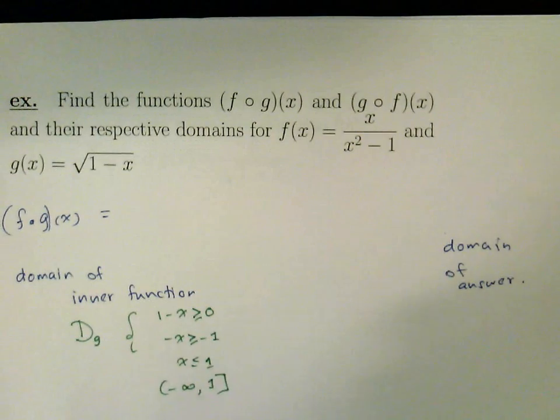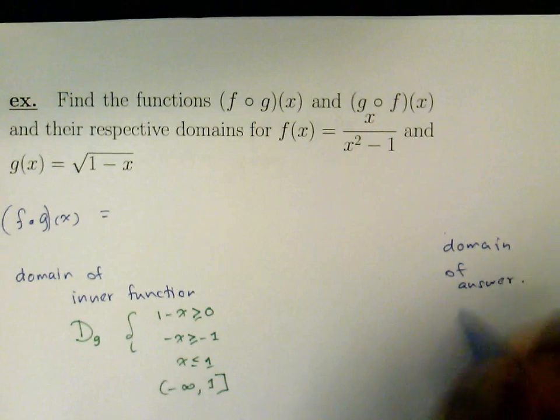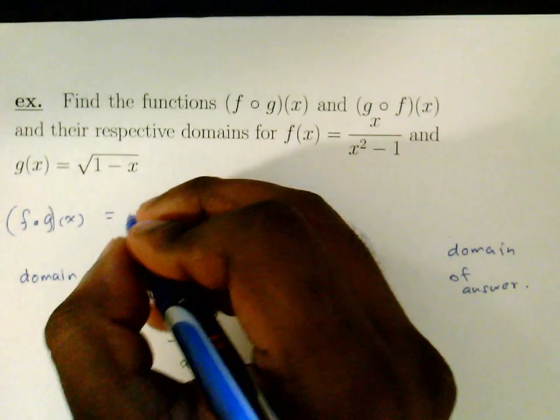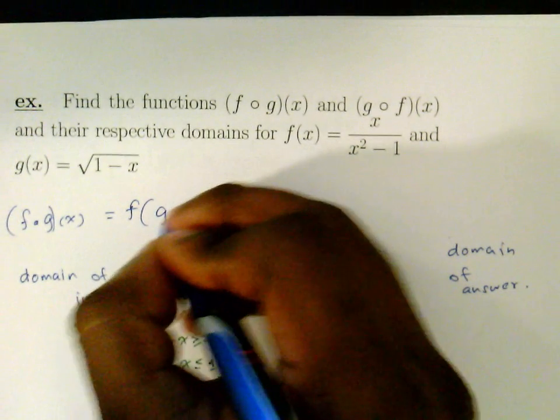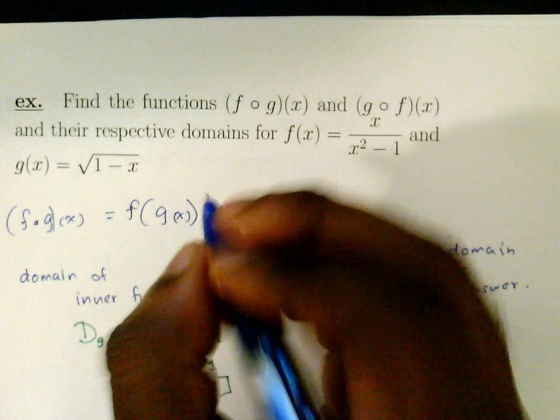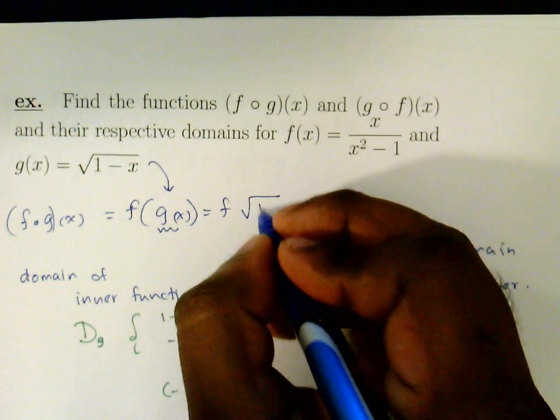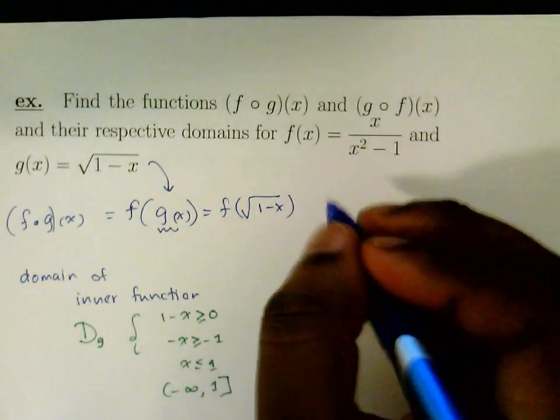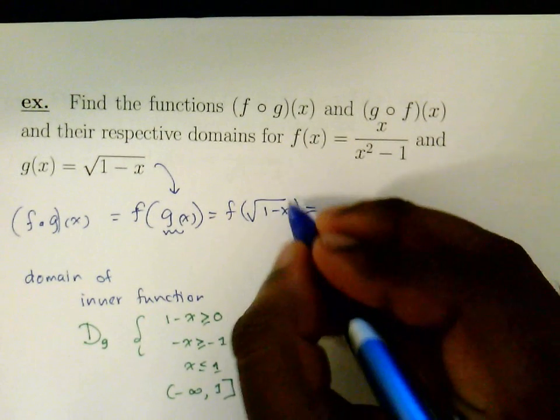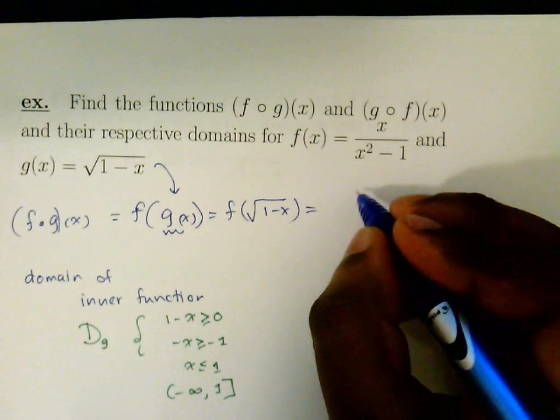Now for this you have to find the composition. So that would be f of g of x, which is this. So f of square root of 1 minus x. So you plug in square root of 1 minus x whenever you see x.